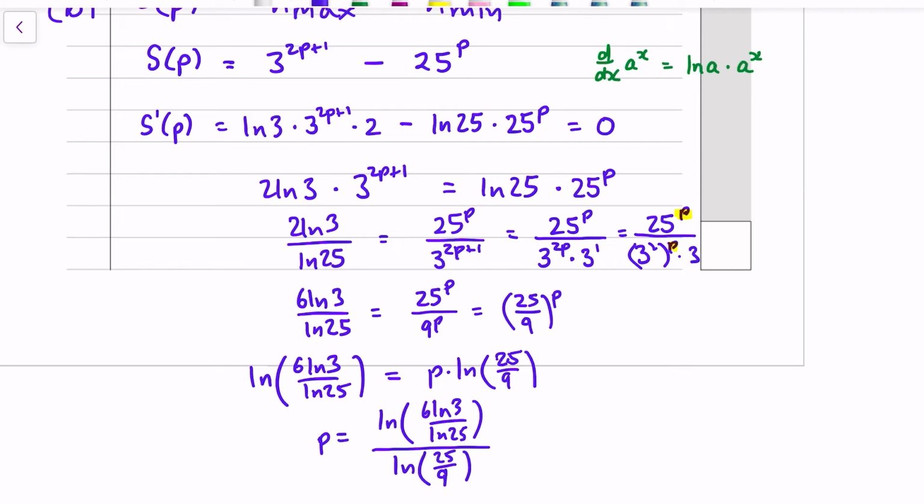Okay, I'm just going to evaluate that on my calculator and just check that it gives me an expression in the ballpark of what I was aiming for. Lots of brackets needed.